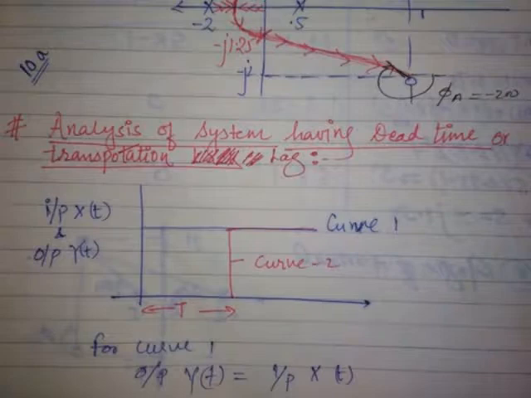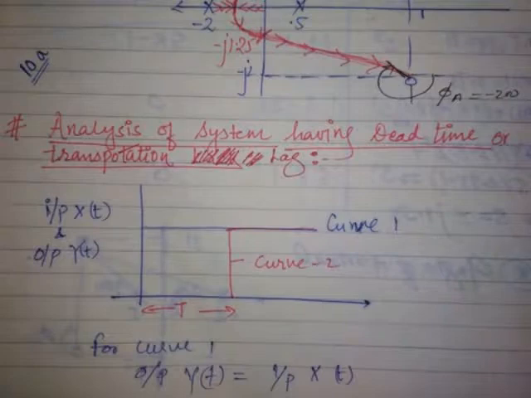Now we are subjecting a system to this type of input. This is the input, the black line, but the output begins to occur after a delay. How much delay is there? 3 units of delay, as you see. But then the output tracks the input, so I am calling this red line curve 2.